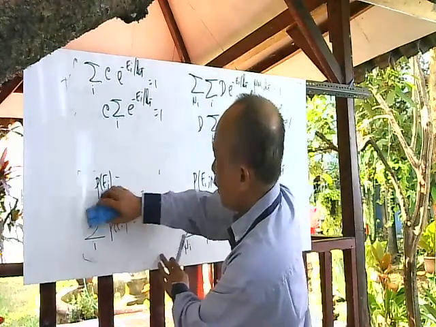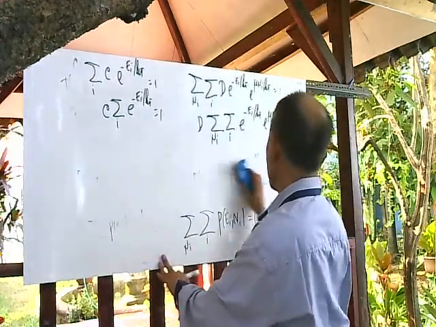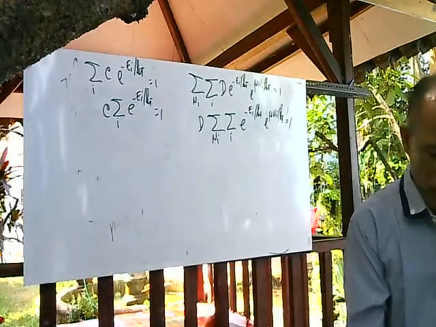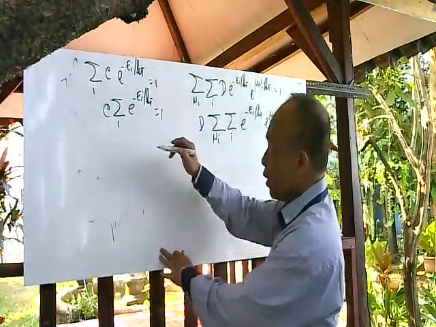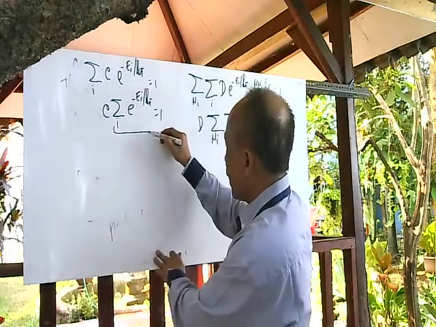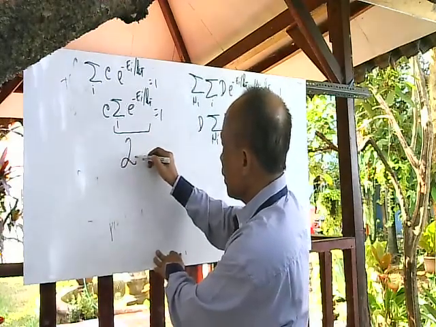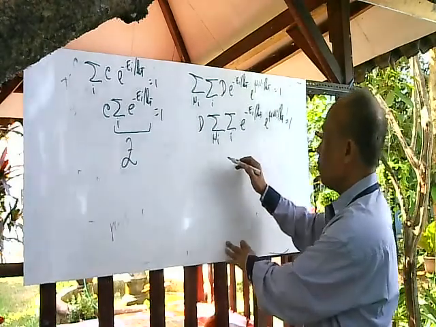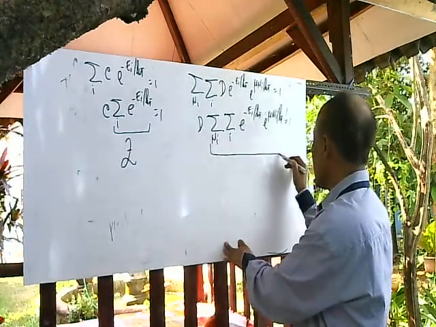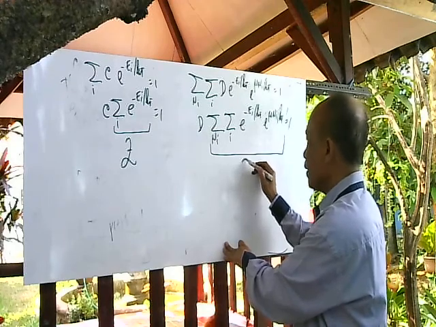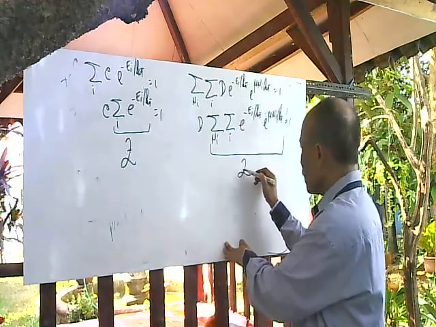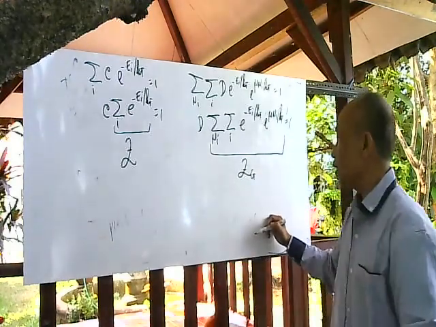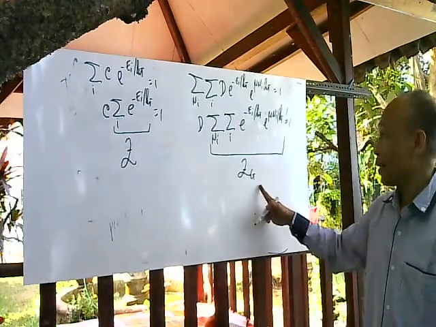Now, when discussing the concept of the canonical assembly, we have introduced that this one is the partition function. Similarly, in the concept of the grand canonical assembly, we will define this summation as the grand partition function.